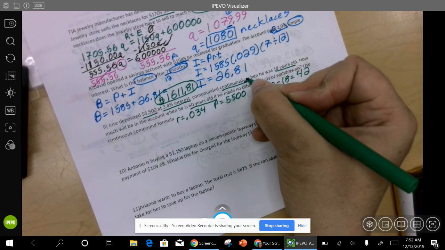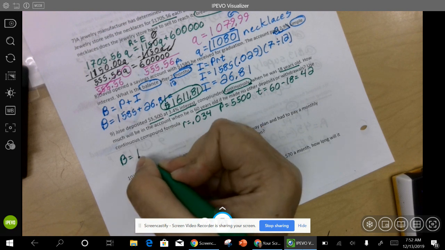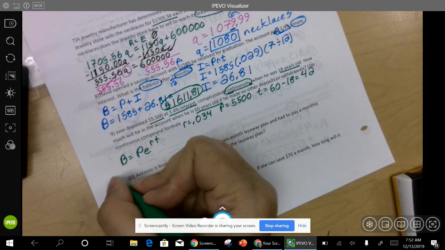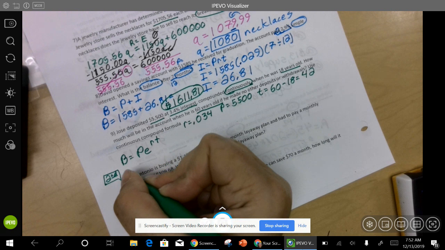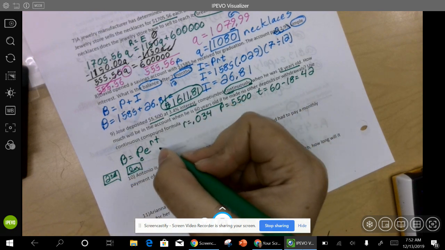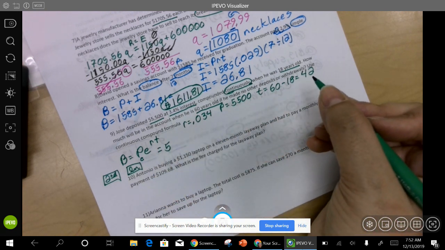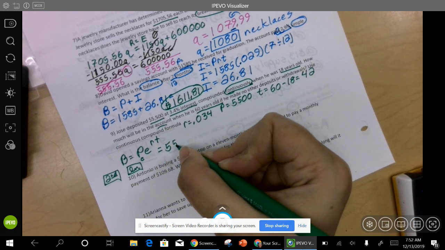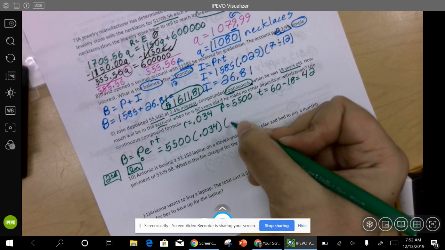Okay, it's continuous, everybody. So that means the formula is balance equals the principal times e to the rt. Okay, e, everybody, you do second and the ln to get e. Okay, so I'm going to go ahead and substitute those in. So 5,500 times e to the 0.034 times 42.